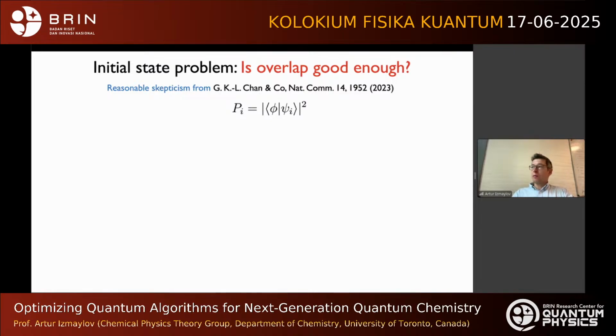The initial state problem is effectively the question: is the overlap of the state that you have with the eigenstate of the Hamiltonian good enough or not? There was a recent paper by Garnet Chan and co-workers, there's a reference here. There was a reasonable skepticism about whether quantum computing could bring value, because most of the systems that people are interested in, industrially relevant systems, fall into two categories.